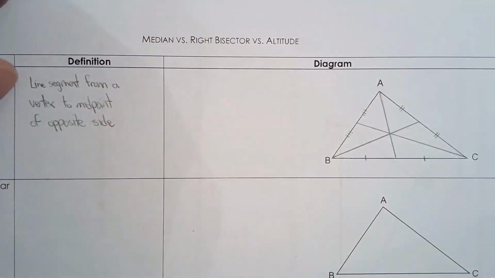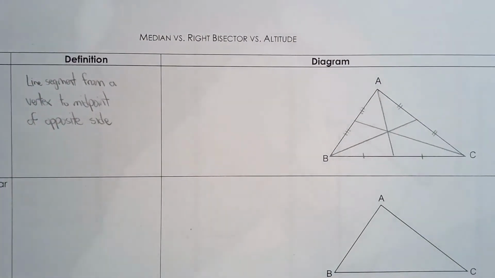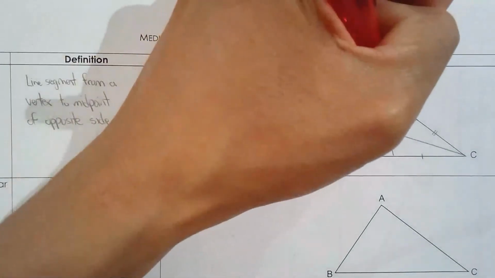Okay, so we drew the median from vertex A, from vertex B, and from vertex C. So no matter what triangle you're given, you can always draw your 3 medians, whether it's from vertex A, B, or C.